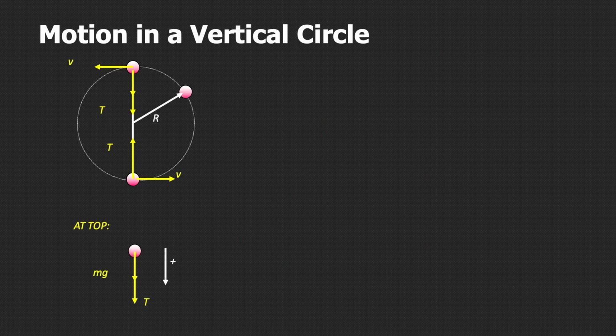So to generalize, let's write Fc is equal to mv squared over r, which is the centripetal force. Now consider the top of the circle. Again, mg and T are directed downwards. Since they have the same direction, we can simply add them.